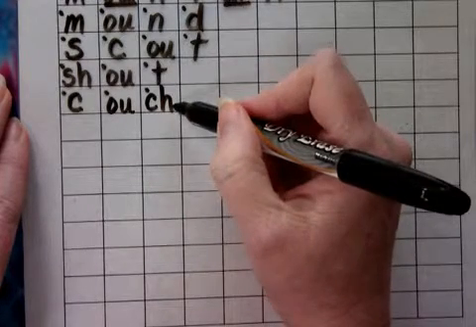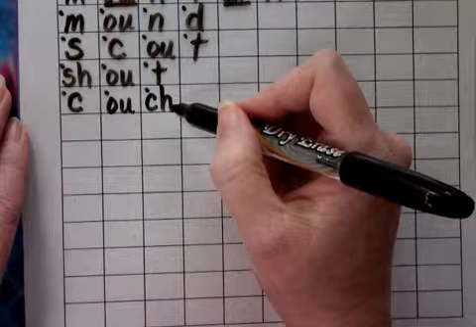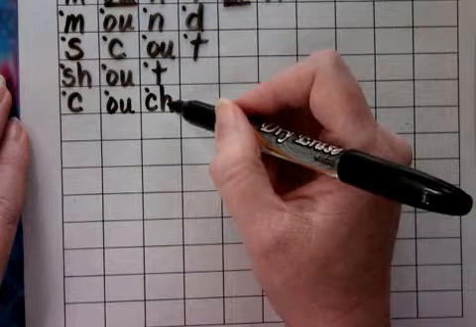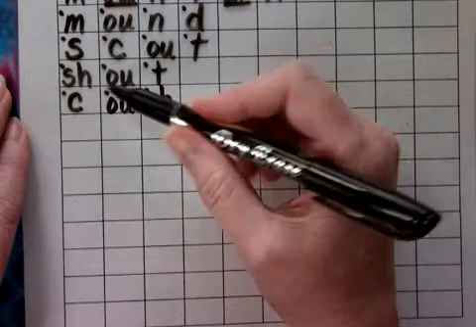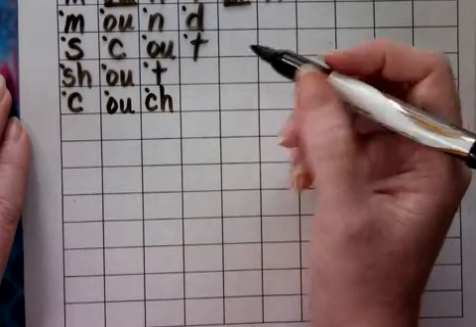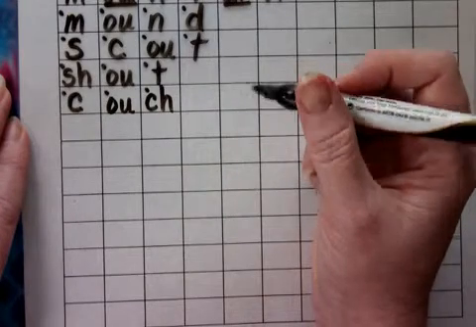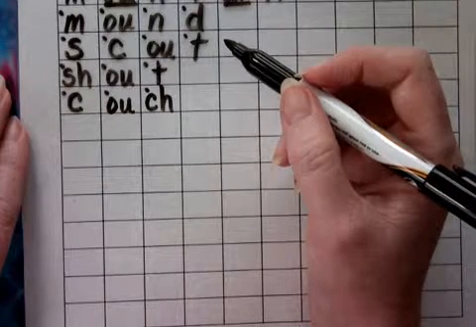When two letters represent one new sound, that's called a digraph. Digraph means two letters making one sound. The SH is a digraph, the CH is a digraph, the TH is a digraph, the WH is a digraph.